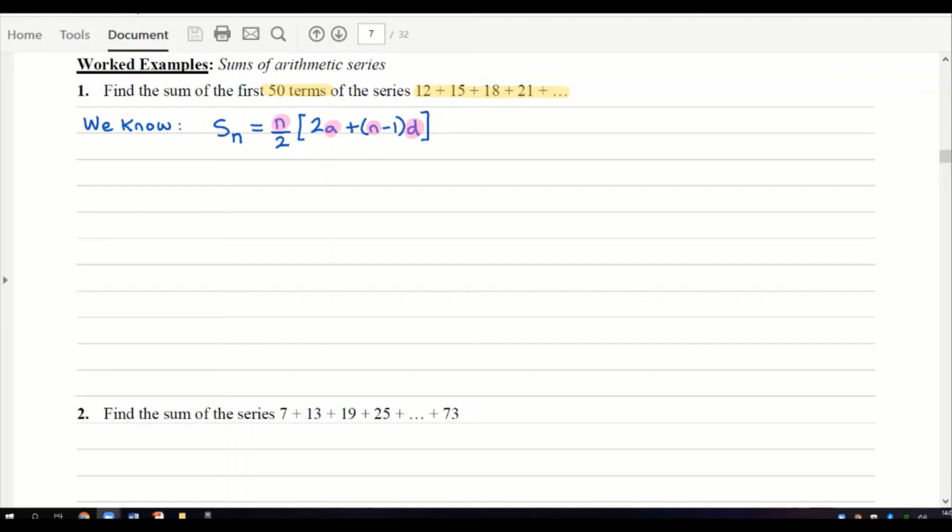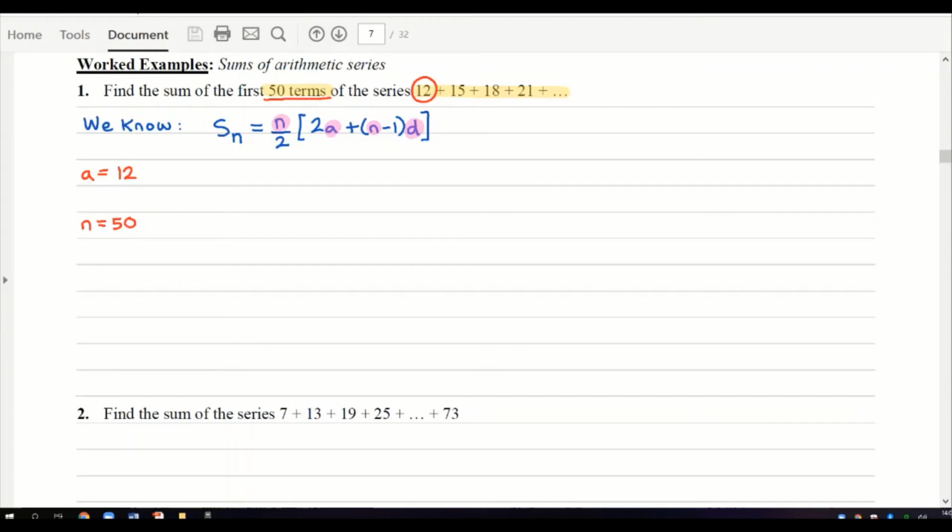Well, if we look at the question that we've been given, let's see what we can deduce. So the first 50 terms of the series, well, the first term is right here. So we can write down a is 12. N is obviously given to us. I'll just write that here because it's the first 50 terms.